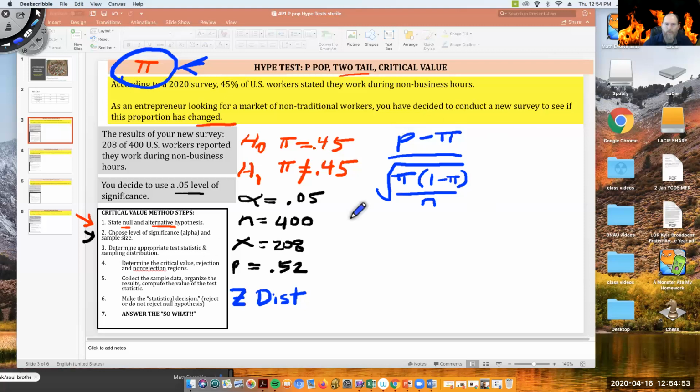When we sampled and determined P, we would use this to determine a Z score. So that's essentially what we're doing here. We're going to determine a Z score.